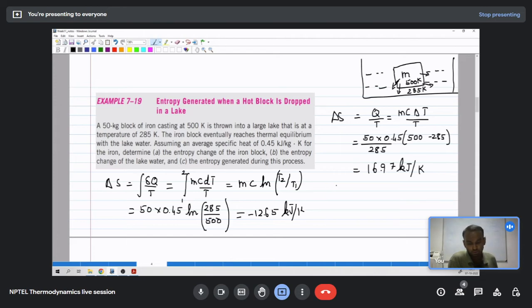So now if you want to calculate the total entropy generation, this is 16.97 minus 12.65.